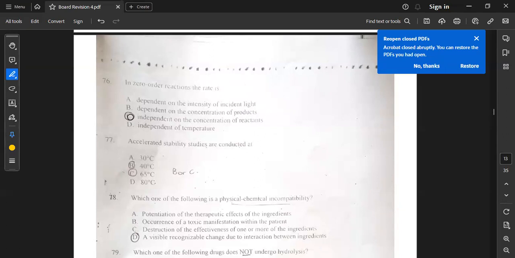On this note, maybe you can tell us, what about first order reactions? So here is zero order, what about first order? In first order, as the concentration increases, the rate of reaction also increases by a factor of 2.